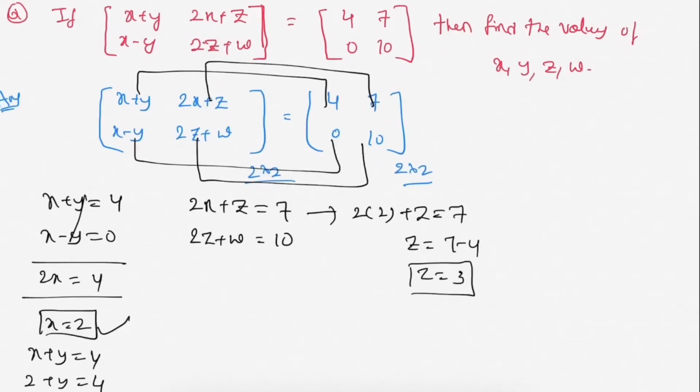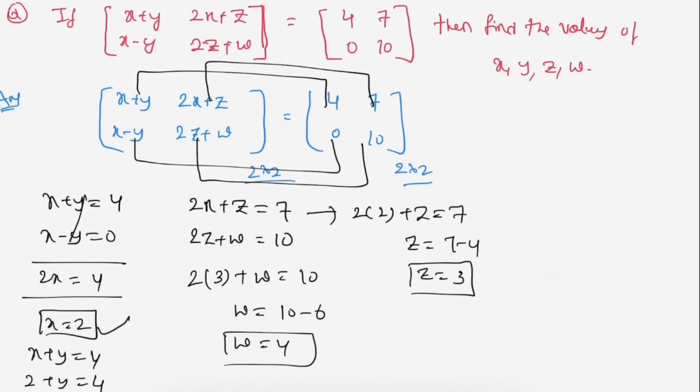Substituting z in the last equation, 2 into 3 plus w equal to 10, so w equal to 10 minus 6, w equal to 4. This is how we solve the equality of matrices problem.